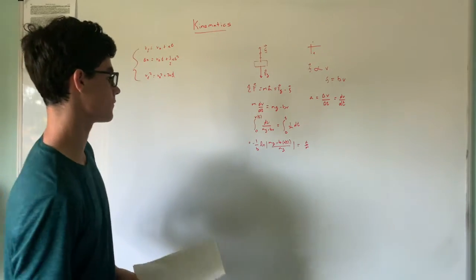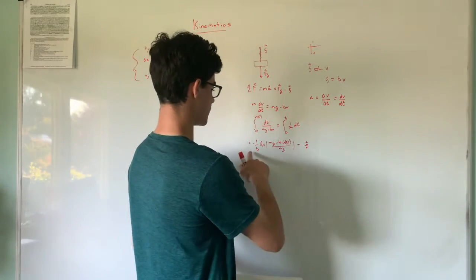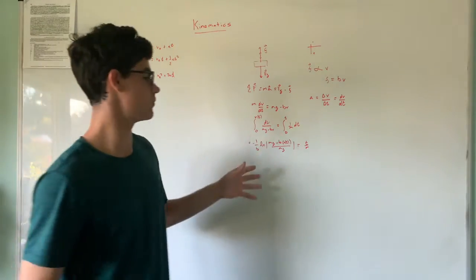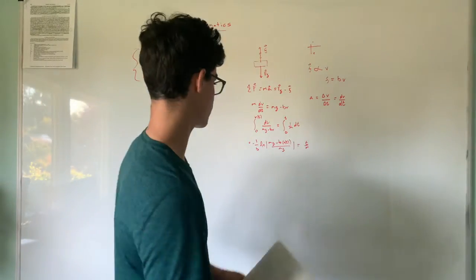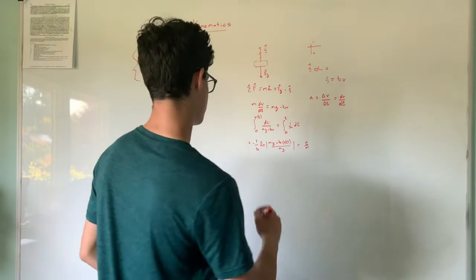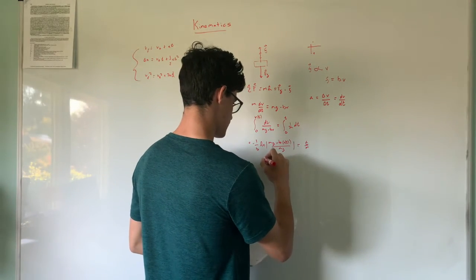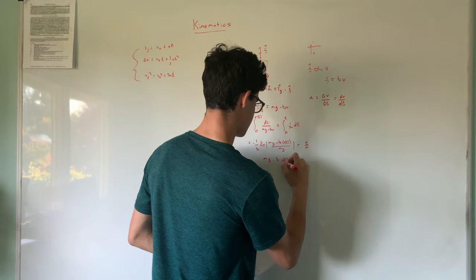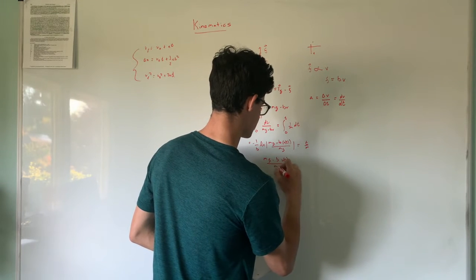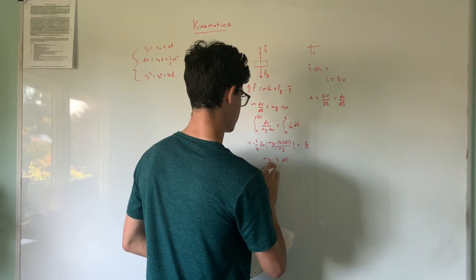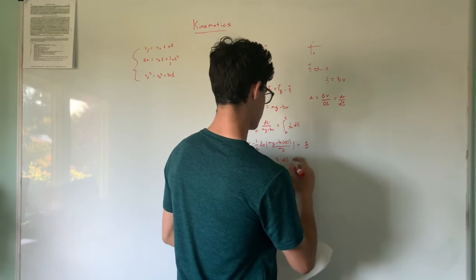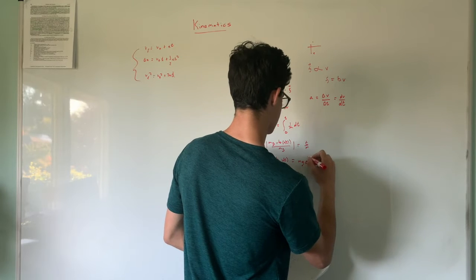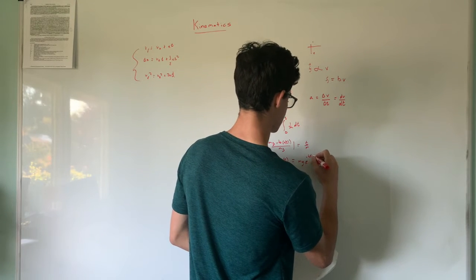Now from here, we're going to multiply negative b over to the other side. And to get rid of this ln, we're going to raise both sides to the e, using the e function. So from here, we're going to do mg minus b v of t over mg, we'll multiply the mg over as well, equals mg e to the negative bt over m.